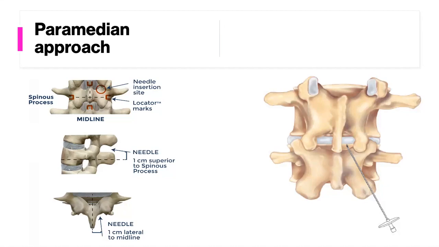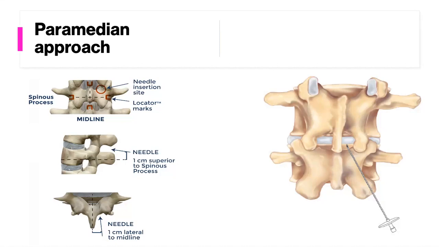So from the midline, you first identify your spinous processes as usual. Then from there, you go 1 centimeter lateral from the midline and 1 centimeter superior to the spinous process.